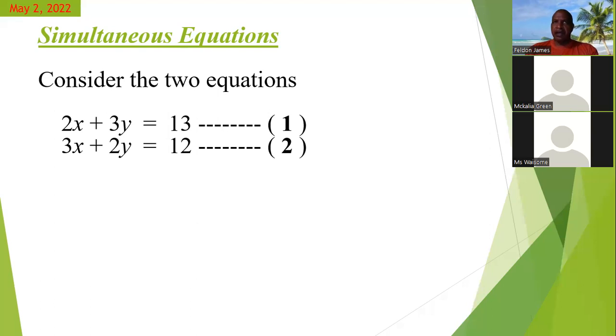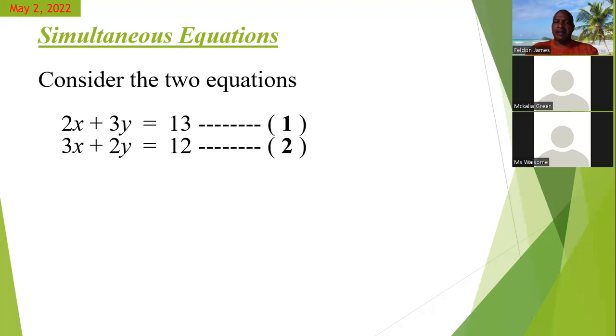Once you plot two equations on the same graph and they cross, wherever they cross, you read the value of x and the value of y, and you would have gotten the solution. So look for the x coordinate and the y coordinate at that point. That's one way of solving these equations.